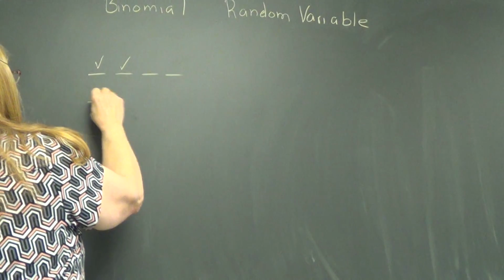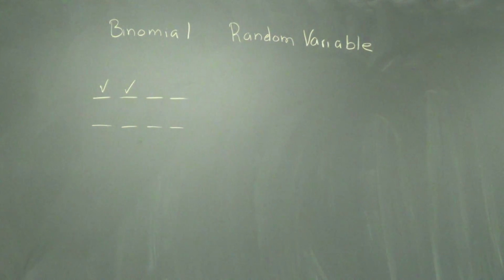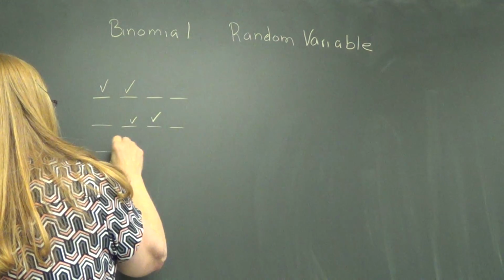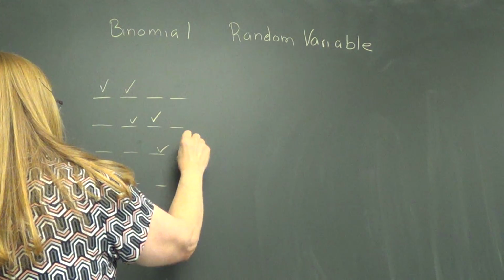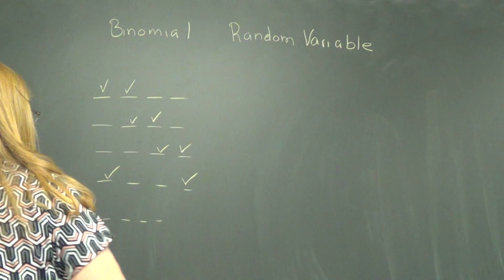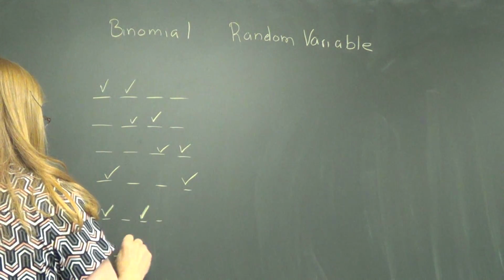I want all the different ones that I can come up with. So MD, 1 and 2. What else? 2 and 3. All right, MM, 3 and 4. All right, MK, 1 and 4. All right, MD, is there another one? 1 and 3. And make sure we're not repeating any.